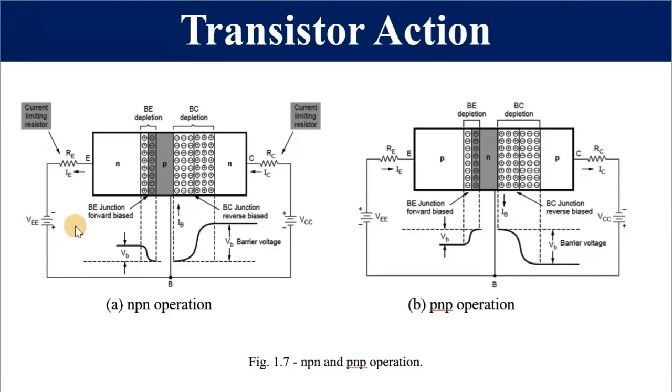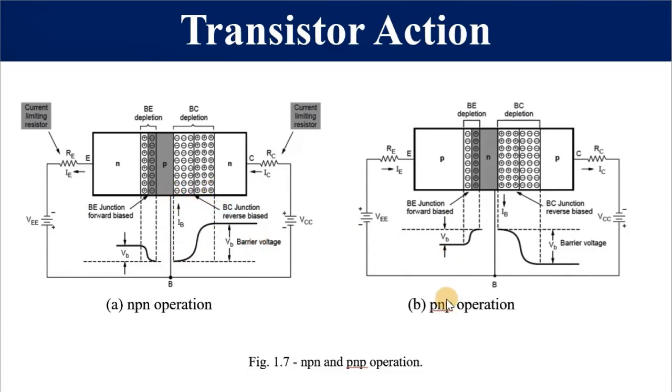Please take note of the polarity of VEE for forward biasing, and please take note that these directions are showing the conventional flow of current and not the electron flow of current. Please also take note that the barrier voltage at the base emitter junction is less than the barrier voltage at the collector to base junction. Please take note of this. This shows the size of the voltage as you move from this point to this point.